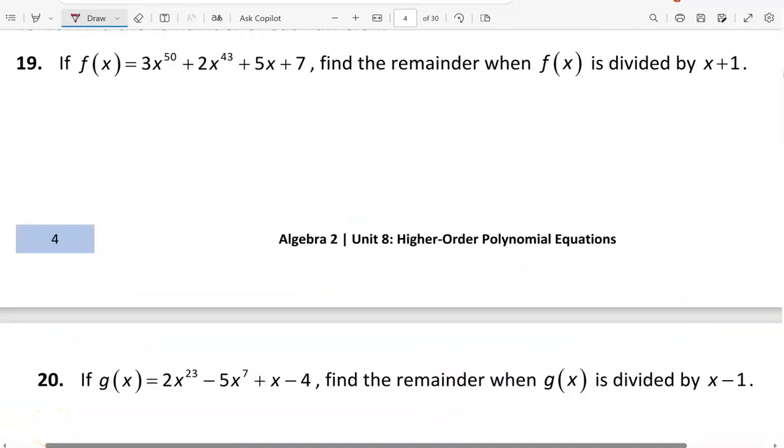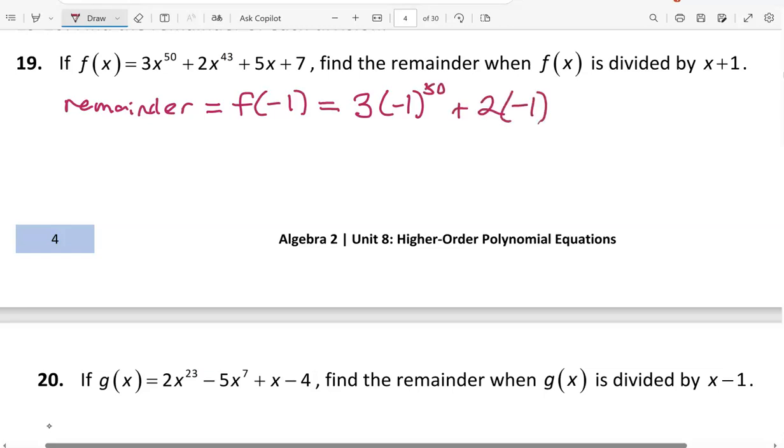In 19, if we're asked to find the remainder when f of x is divided by x plus 1, rather than actually dividing, we can use the remainder theorem to say that the remainder is the same as f of negative 1, or f of the 0 of the divisor. So that would be 3 times negative 1 raised to the 50th power, plus 2 times negative 1 raised to the 43rd power, plus 5 times negative 1, plus 7.